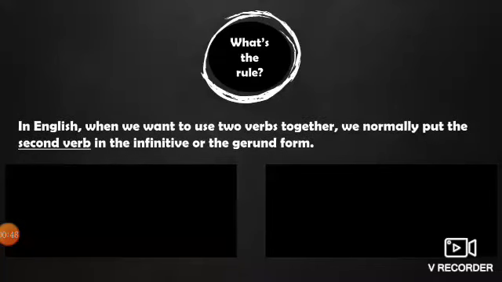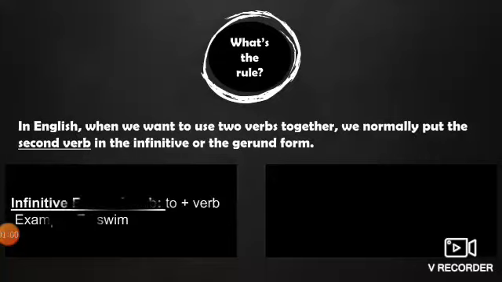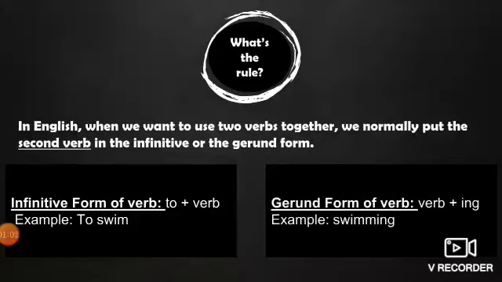In English, when we want to use two verbs together, we normally put the second verb in the infinitive or the gerund form. So right now, you'll see what the infinitive is and what the gerund is. The infinitive form of the verb is to plus the verb, so like to swim.